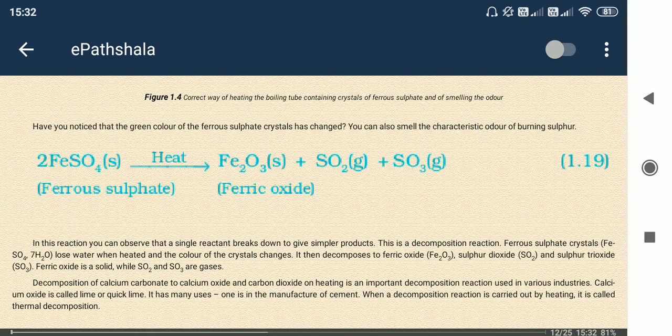SO2 and SO3 are in gaseous form, so G is written, and Fe2O3 is in solid form, so S is written. Above the arrow it is written heat, meaning heat is supplied to FeSO4, ferrous sulfate, to form these three molecules. That is decomposition, broken down to smaller molecules from a larger molecule.